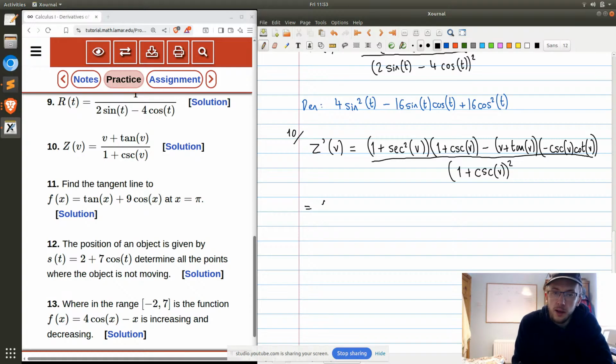So we have 1 plus cosec v plus sec squared v plus cosec v sec squared v. Then what? Plus that.